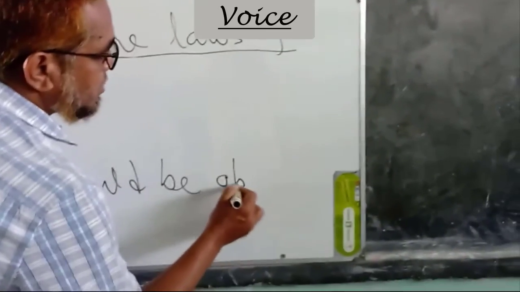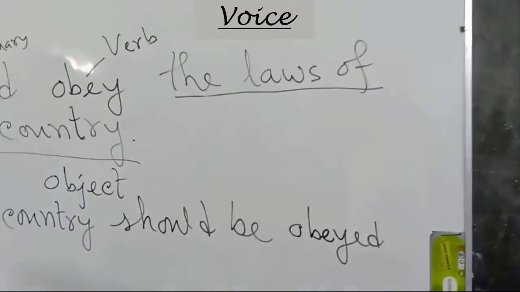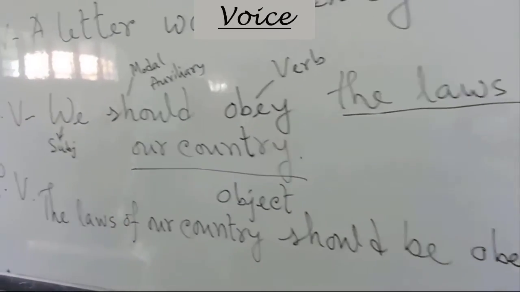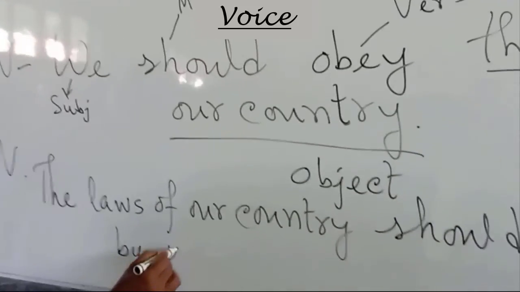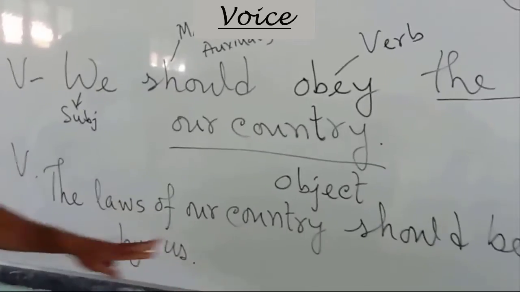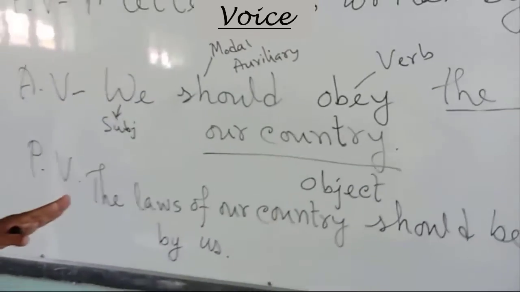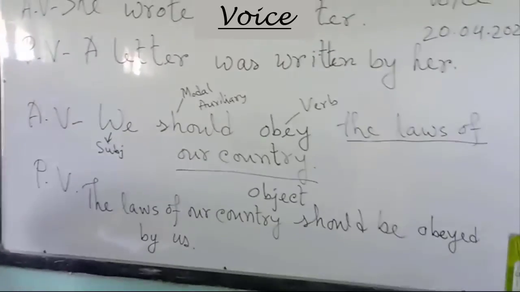The past participle of obey. The laws of our country should be obeyed by us. The objective form of we is us. The laws of our country should be obeyed by us.